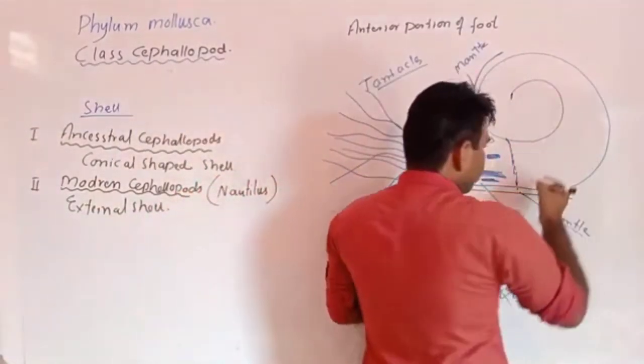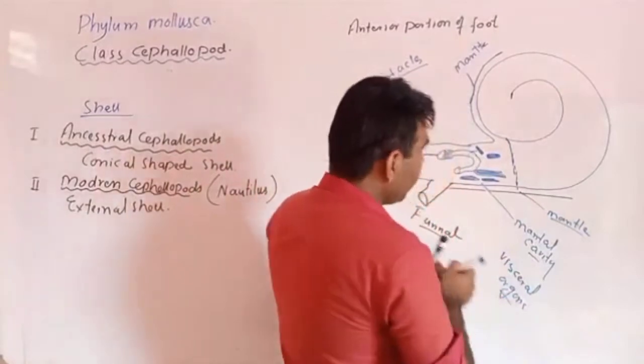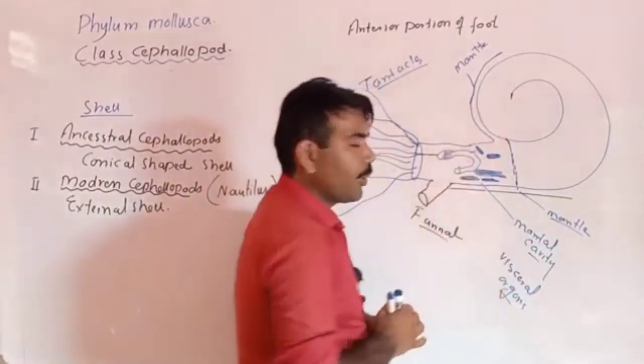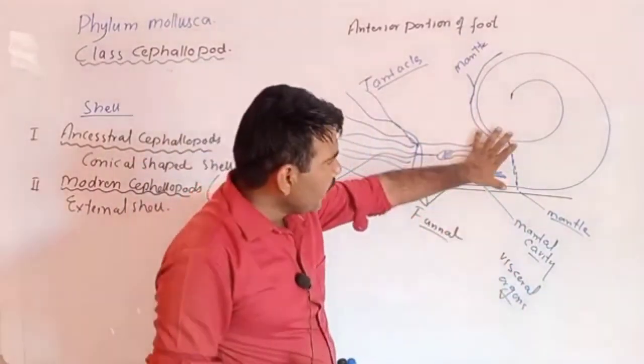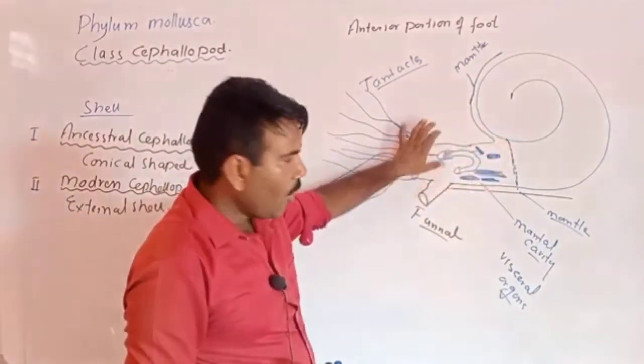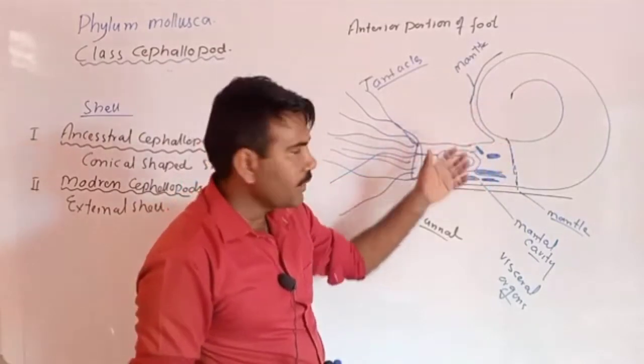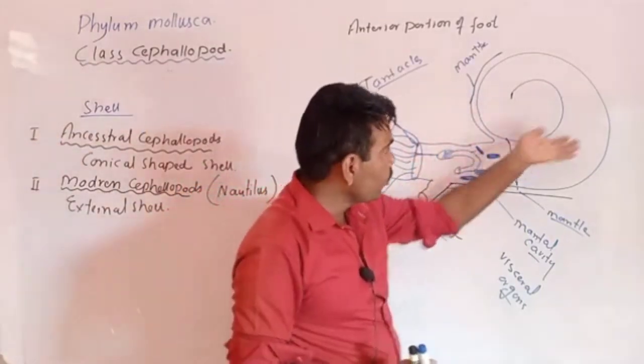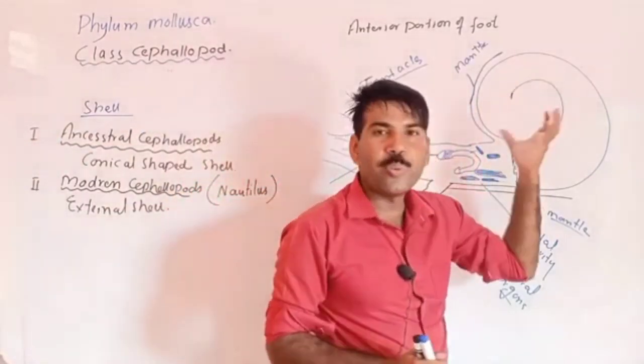From the animal, one thing which is very important to tell you is that the animal body portion is from here up to here. All these visceral body organs are present only in this region, but this whole region occupies the shell.